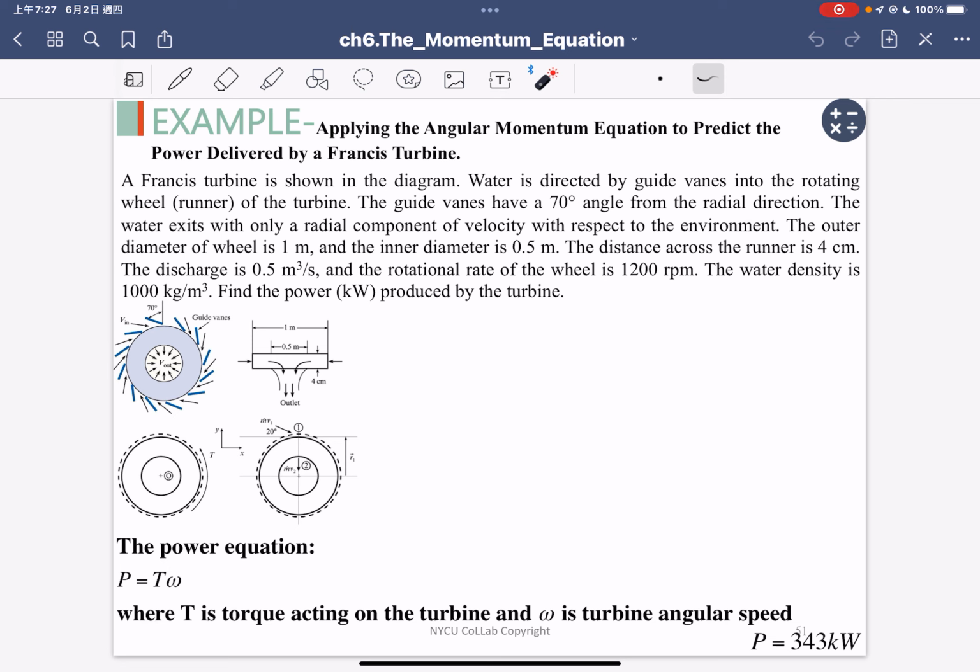So here is the map view of the Francis turbine, and the idea is water is directed by the guide vanes into the rotating runner of the turbine, and the guide vane is at 70 degrees from the radial direction.